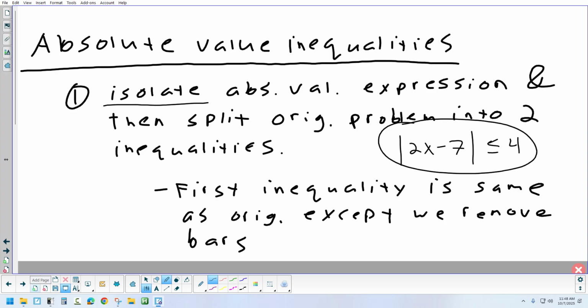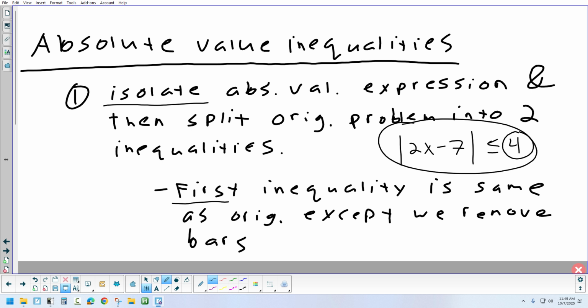When we do the second inequality, it's kind of like when you did the second equation yesterday. What was the extra step that you had to do when you did the second equation? Right, we changed this number to its opposite.